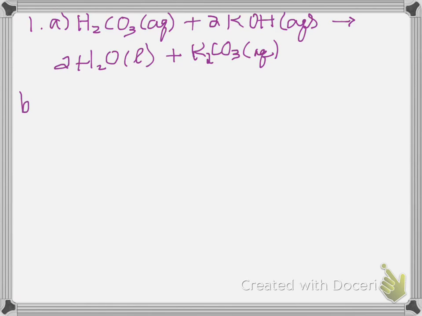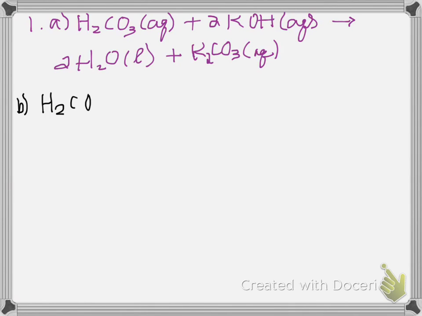And then question B asks us to write the equilibrium that's occurring in the first buffer zone. So that would be the one that's occurring at Ka1. Okay, so we're starting off with H2CO3.